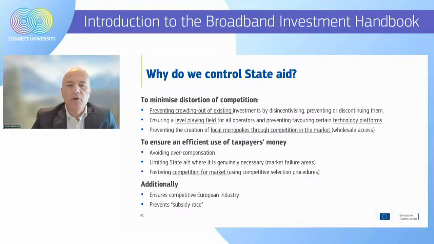And then, of course, fostering competition for the market, meaning that the beneficiary must be selected through a tender procedure that minimizes the aid and results in the best possible project with the least possible public money involved. These are the two pillars.